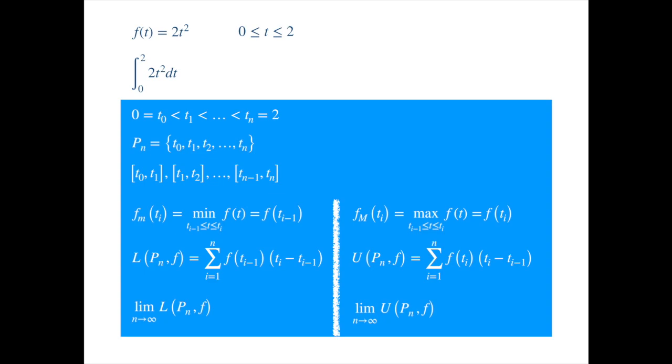One can generate the successive partitions in a more clever way by starting with a given partition and then continually refining it, which means you keep the previous partition points and add more points. But as the function we are dealing with here is a nice function, we don't need to worry about these subtleties. Let's see it in action.